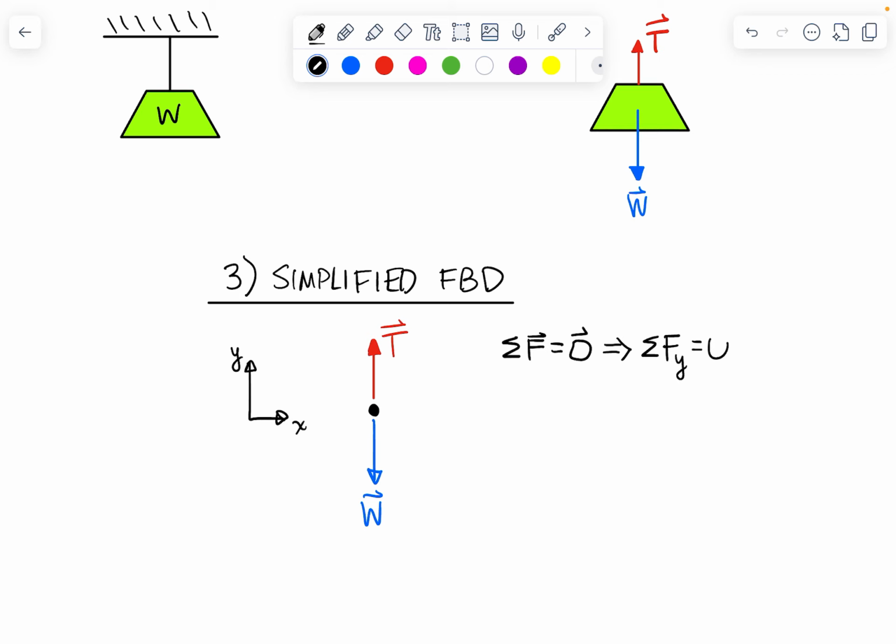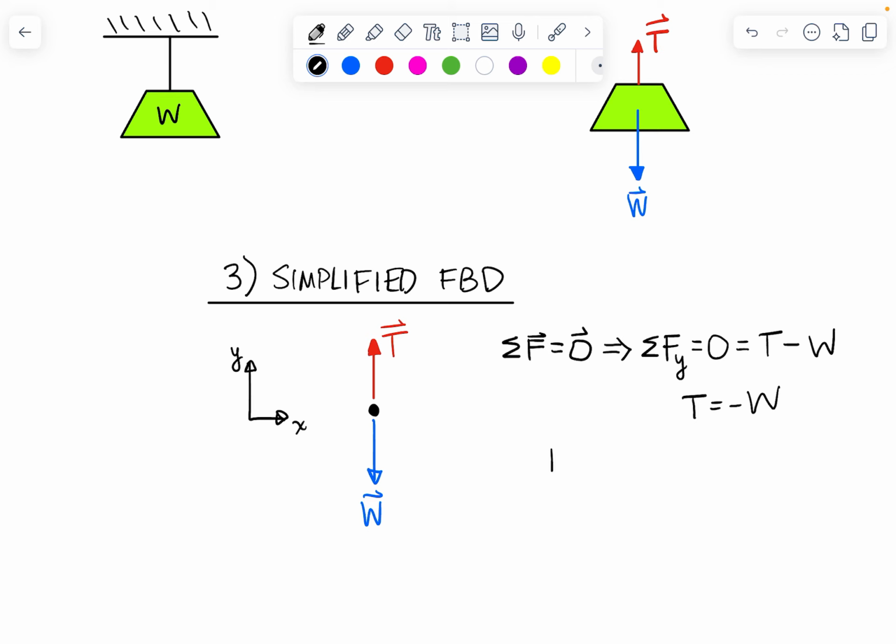Both forces are acting in that direction. So that means that my tension, T, minus my weight, W, has to be equal to 0. And if I rewrite that, it just means that the tension is the negative of the weight. So all this is telling us is that tension is equal and opposite direction of our weight.